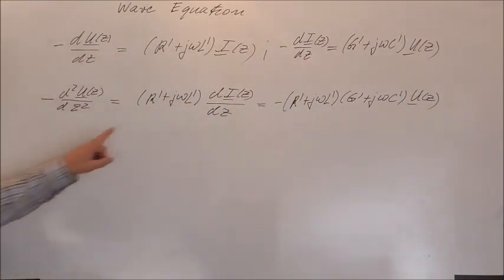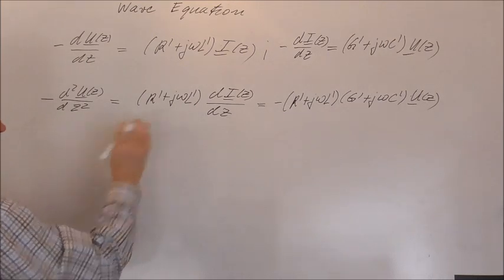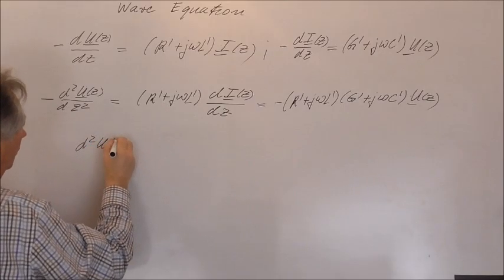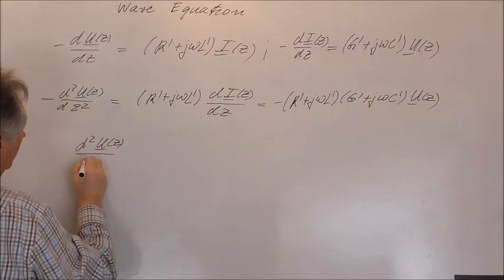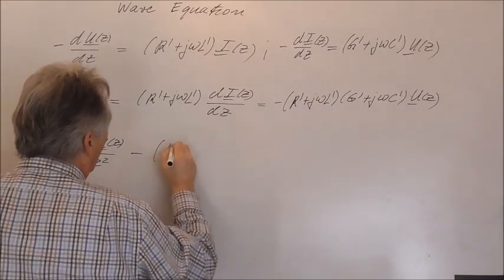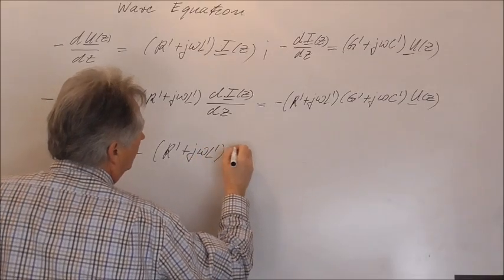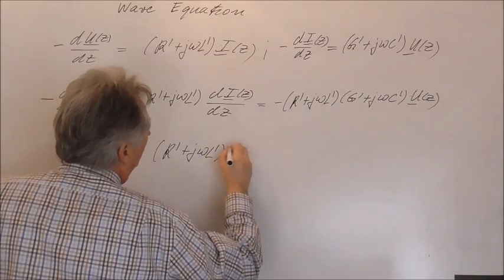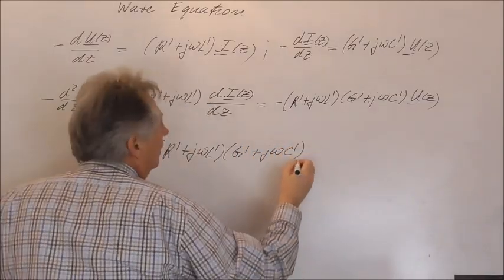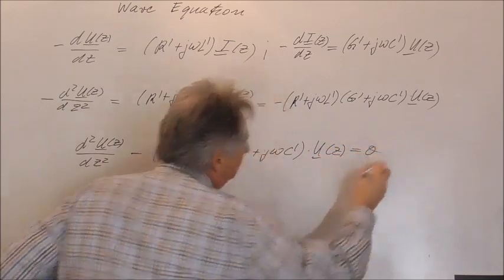And of course now we can bring this onto the other side, so we can change the side and we get the second derivation of the voltage function with respect to z square minus R plus J omega L times G prime plus J omega C prime times U of Z is 0.